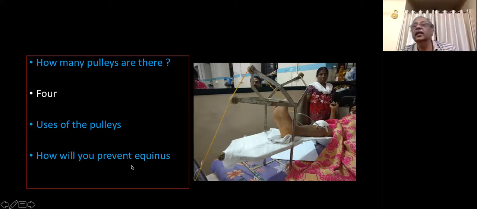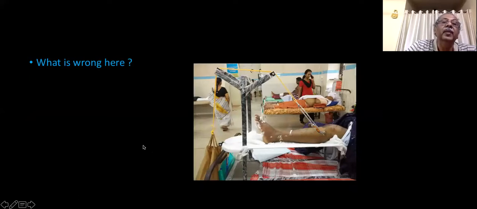So these are the common questions that are asked. You name the splint, you name the traction, and regarding the pulleys, these things will be asked. What is wrong here? It is applied through the wrong pulleys, because these photographs were taken when an examination was conducted in one of the hospitals where I worked.